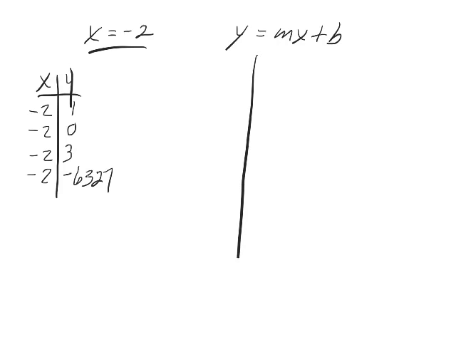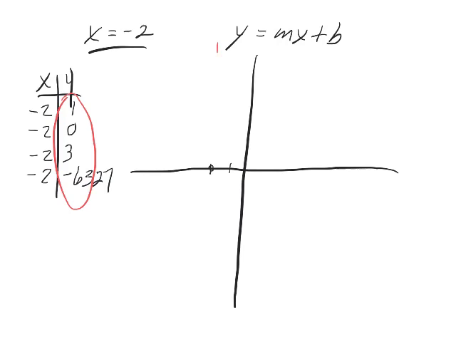So when I graph that, my x is going to be negative 2. And if my y value can be any number here, then I'm going to get a vertical line right here at negative 2, whatever I want for y, which is going to give me a vertical line, which is not a function.